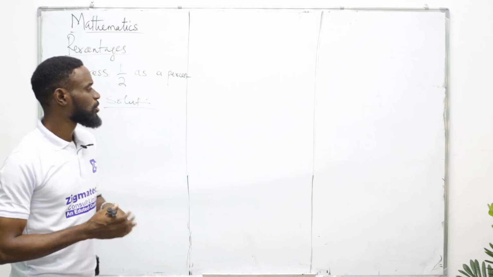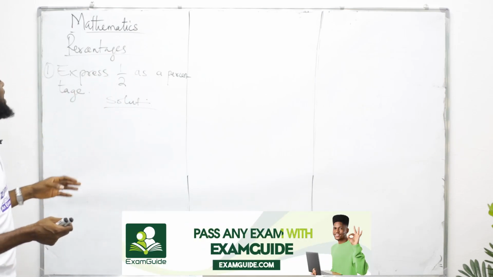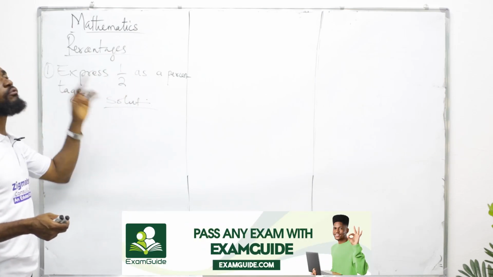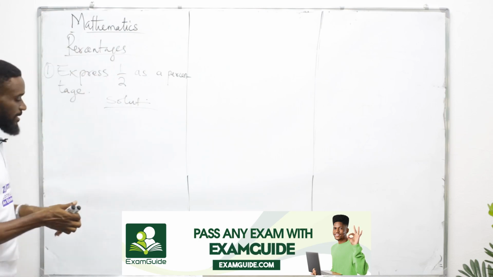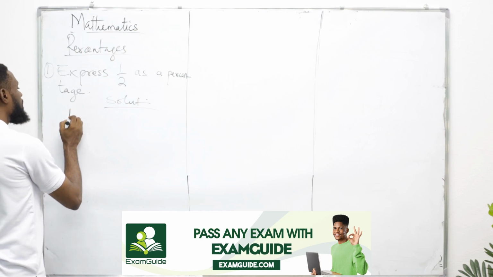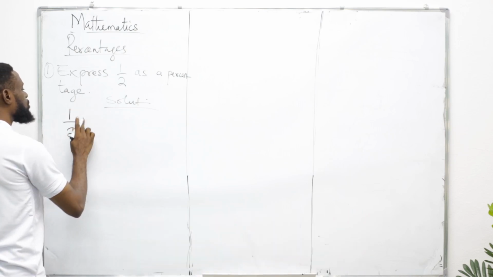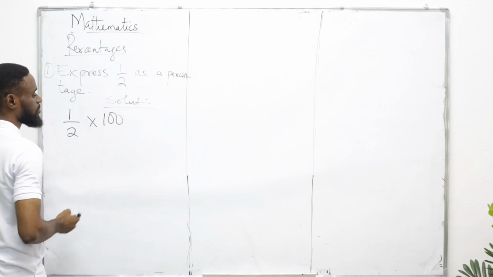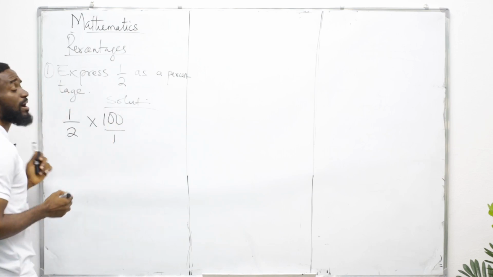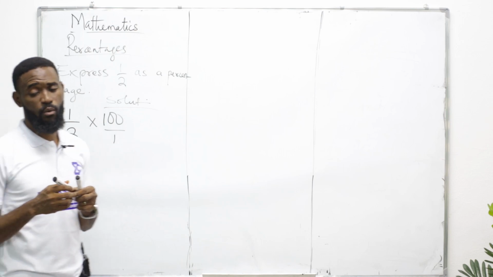So if we say we should express 1 over 2 as a percentage, this means 1 over 2 is multiplied by 100. We can put over 1 if we want to. Remember, all numbers has over 1.